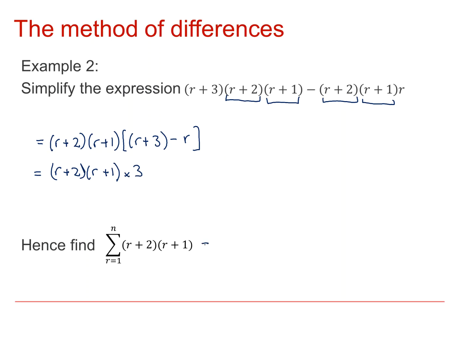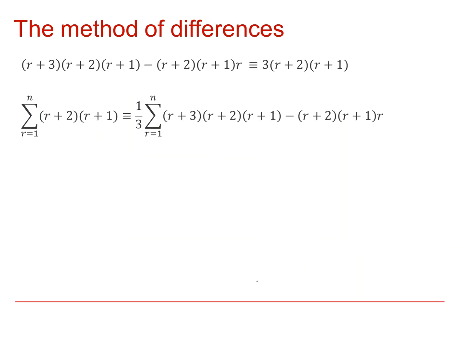So that means that this expression here is equal to 1/3 of the sum from r equals 1 to n of r plus 3 times r plus 2 times r plus 1 minus r plus 2 times r plus 1 times r. Now we've got our identity, we'll see where we get.